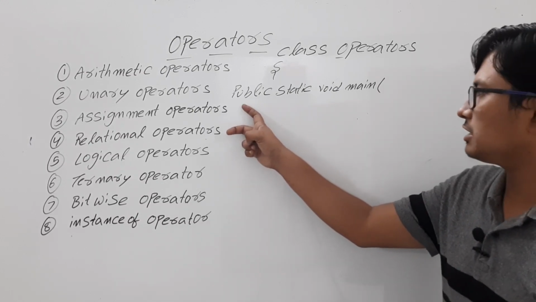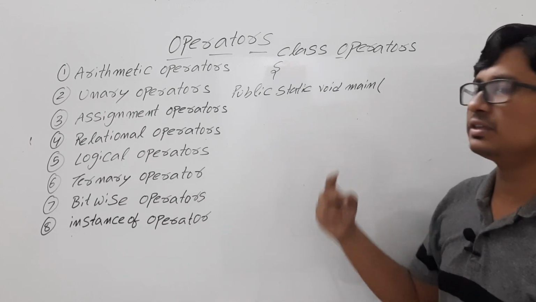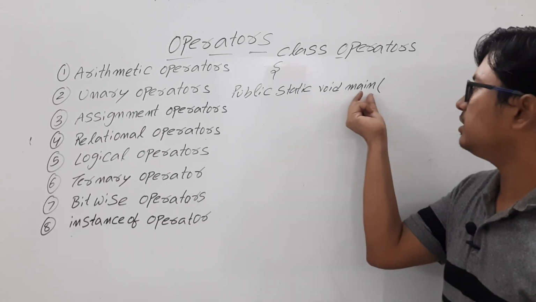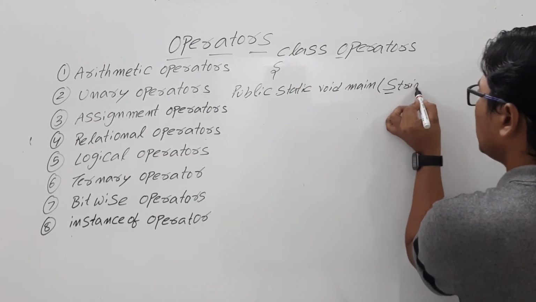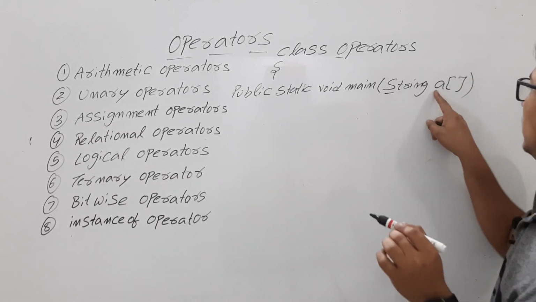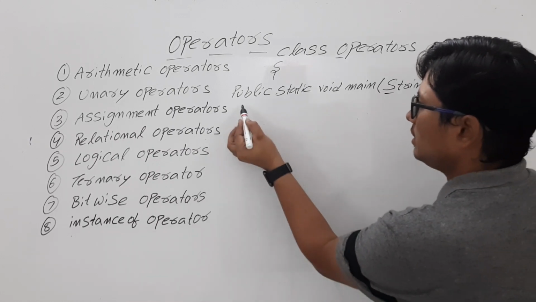Public is the access specifier, static says that you don't need to create the object for this class, and void says this function does not return anything. Main is the function, and String, where the S should be capital, args. I can write args or anything; the name can be anything, but it should be a string array.